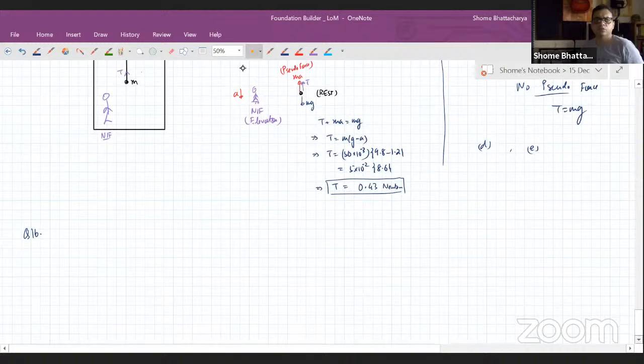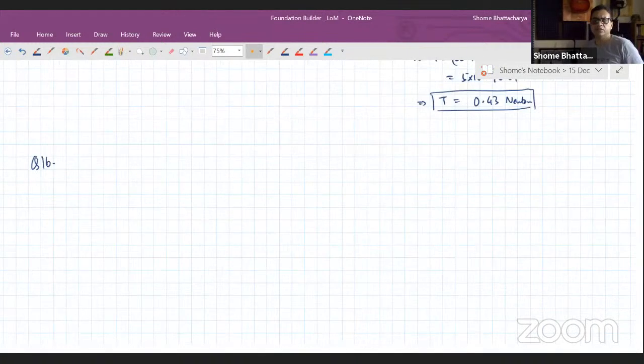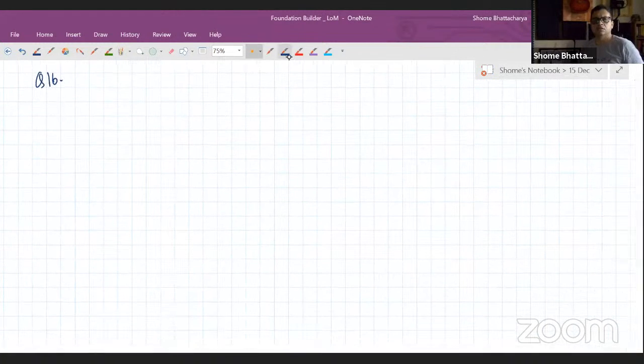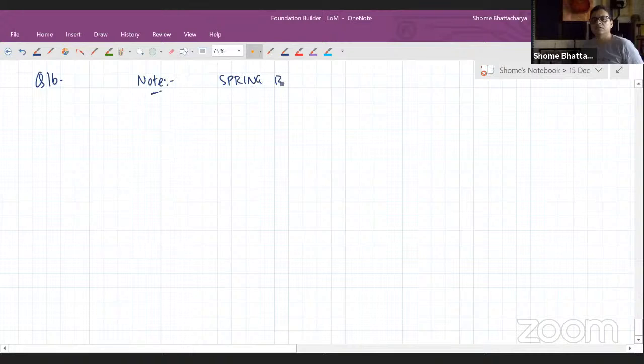So before we get into question 16, let us understand the functioning of a spring balance. So how a spring balance functions.